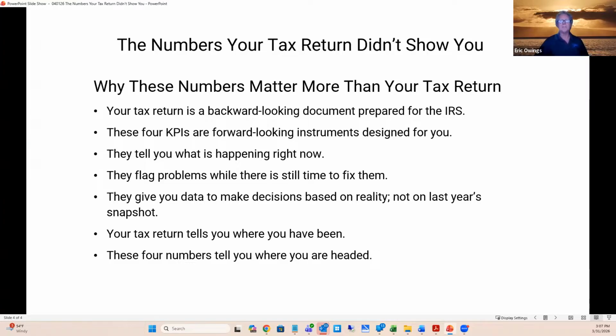So I hope that you found this helpful. We were talking just now about cash forecasting. If you're interested in that level of service for your practice, where you're not only getting to see your financial statements on a monthly basis, again, that's a history lesson, though it's more recent past. Each month, you should be looking at your holy trinity of financial statements, which is your profit and loss, balance sheet, and statement of cash flows.